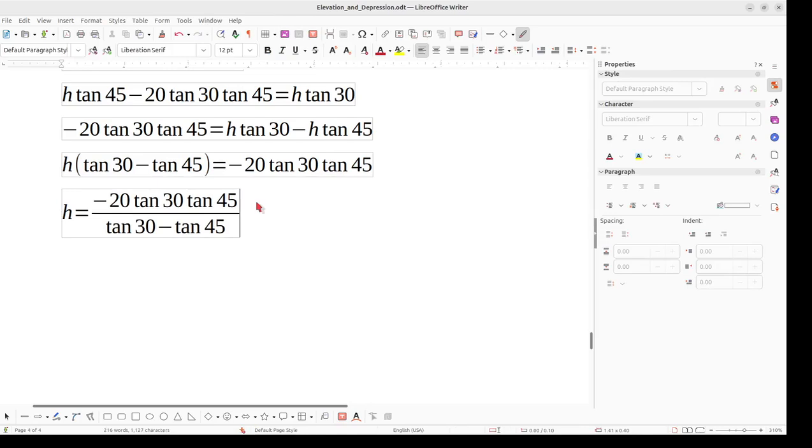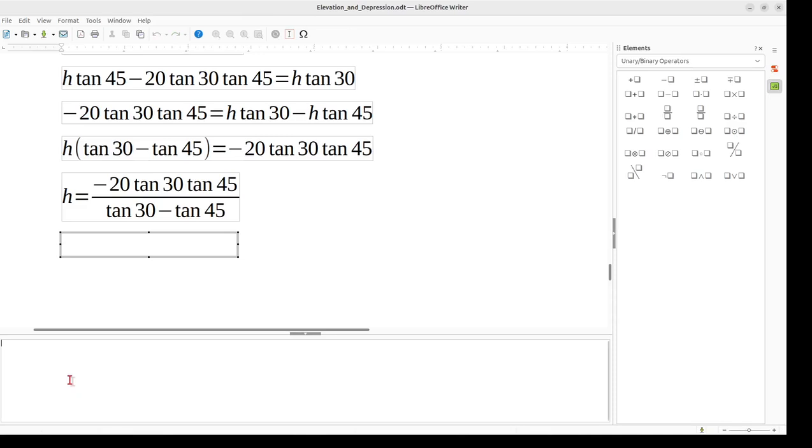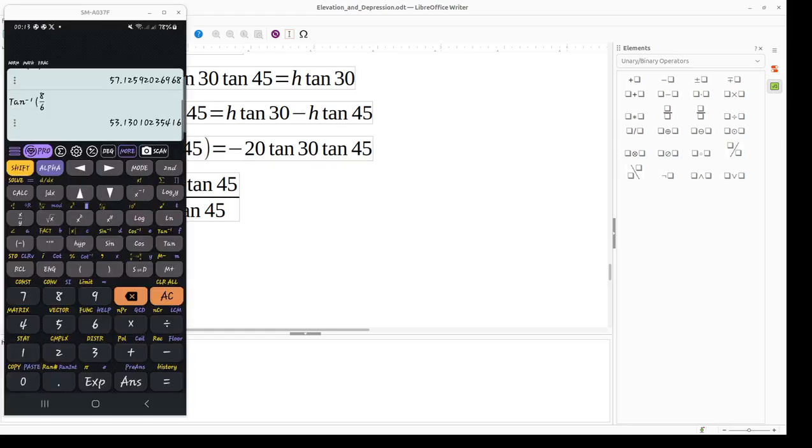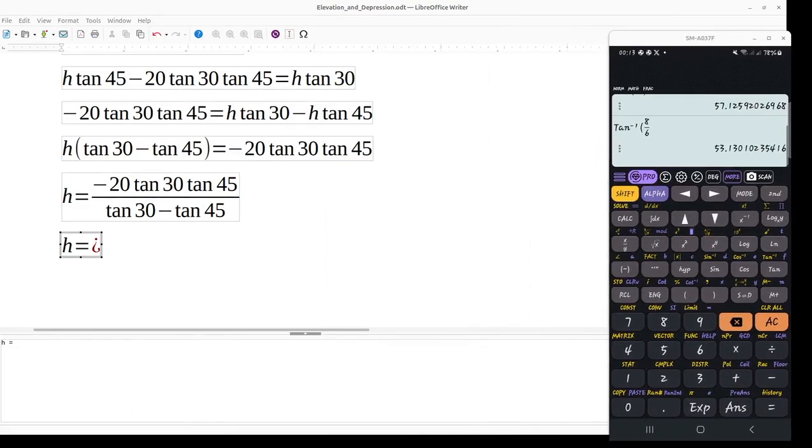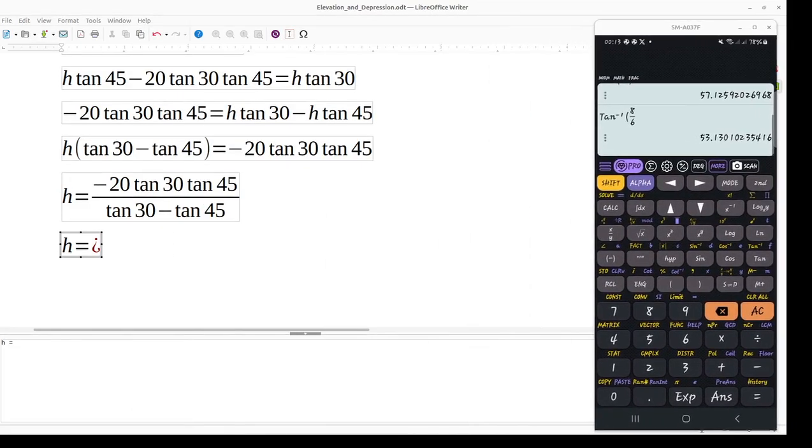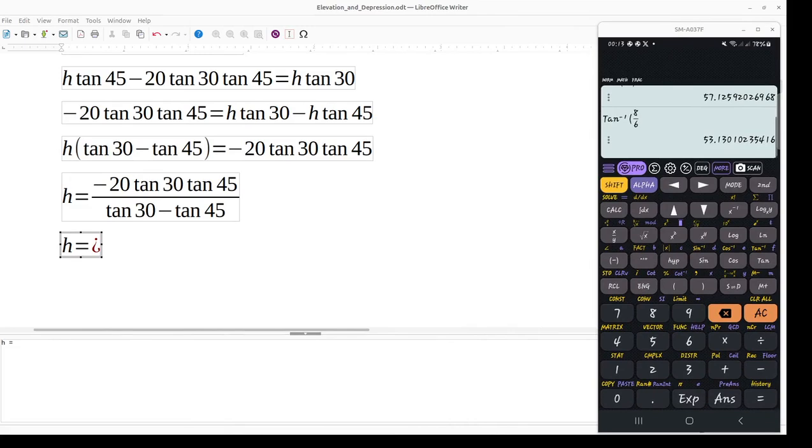Yes, we should use our calculator for that. Then you are going to get the value of your h. Let's bring in our calculator here. There you go, there is our calculator. We just need to do the necessary calculation.